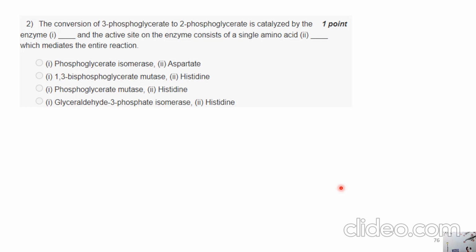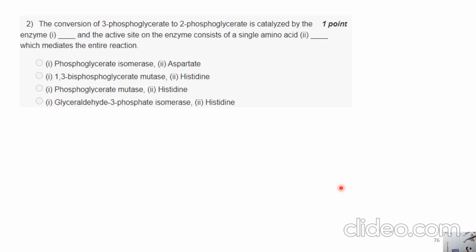We just discussed which enzyme converts 3-phosphoglycerate to 2-phosphoglycerate. What is the mechanism? Which enzyme will be involved? The third one. Okay, phosphoglycerate mutase.